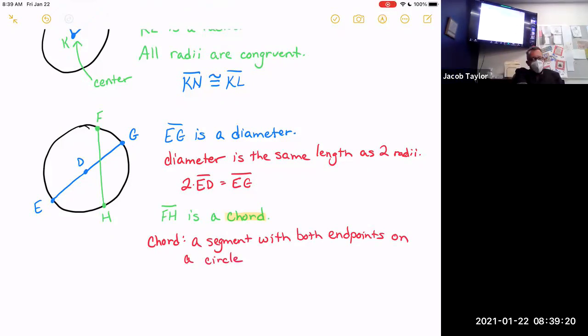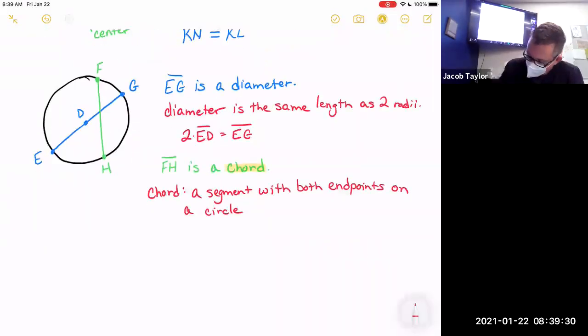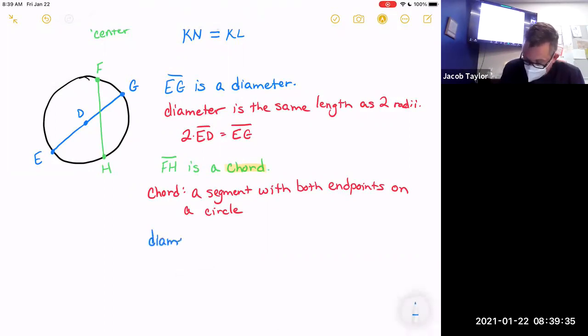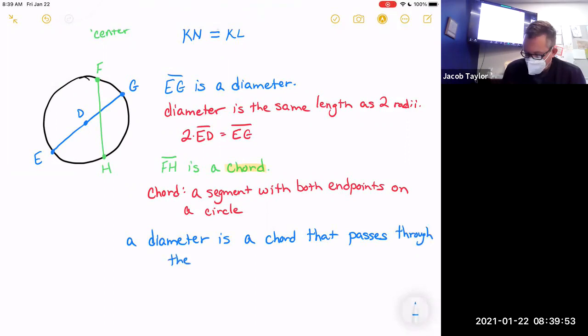So here's my question. Is the diameter a chord? Yes. Because it is a segment with both endpoints on a circle. So we could say a diameter is a chord that passes through the center, which is probably not exactly the definition of diameter, but it's probably close.